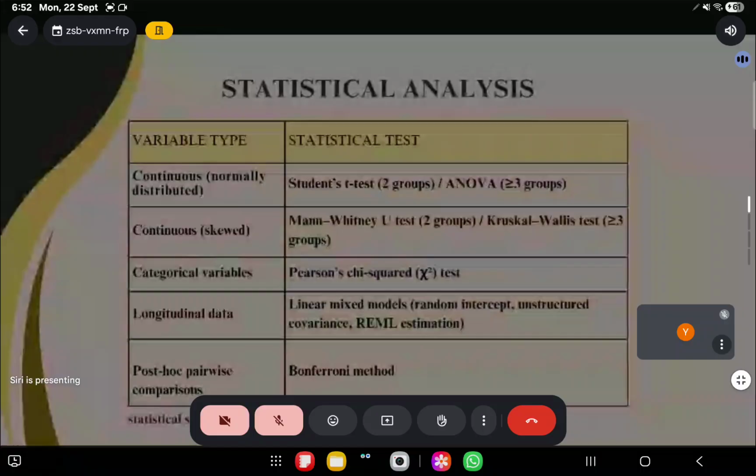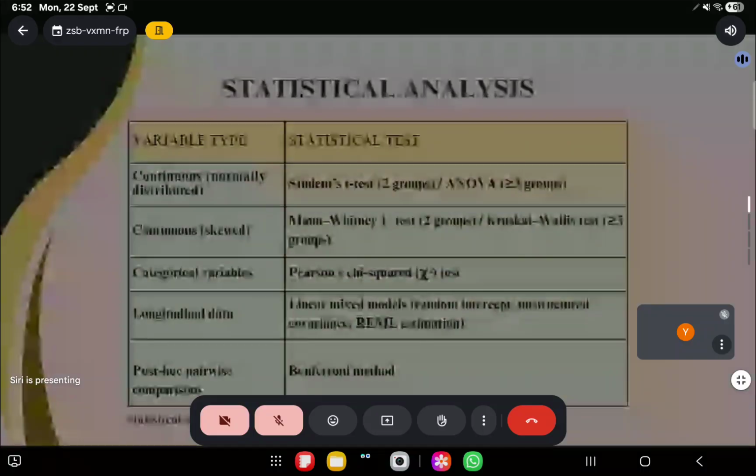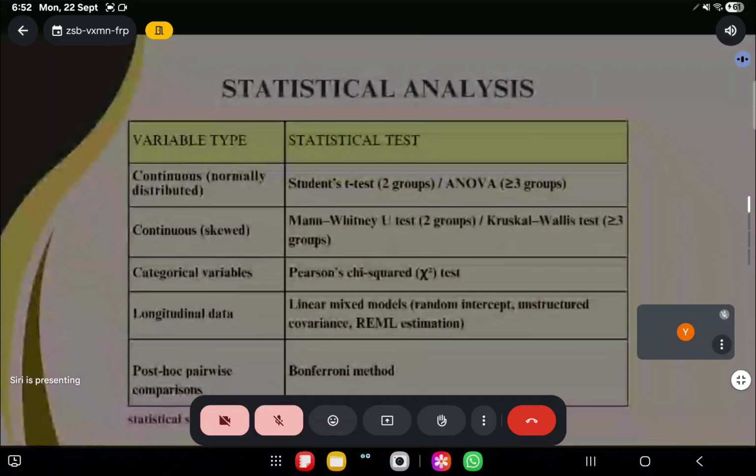A brief note on linear mixed model analysis: it is a kind of regression model where measurements are taken from the same subject multiple times over different endpoints. This introduces correlation between the measurements at different time points.